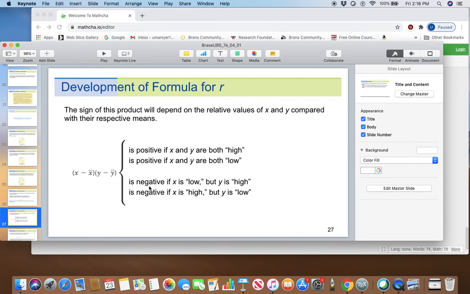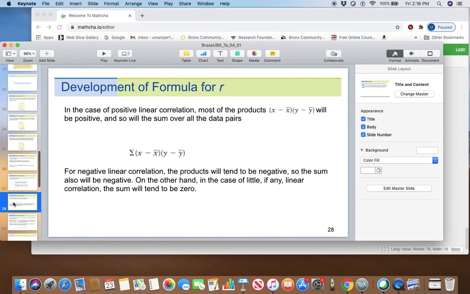Positive times negative, the product is negative. Likewise, x is low, that's negative. Y is high, that's positive. So if one of them is negative, the other positive, the result will be negative. So this product is negative for negative correlation. This product is positive if positive correlation.